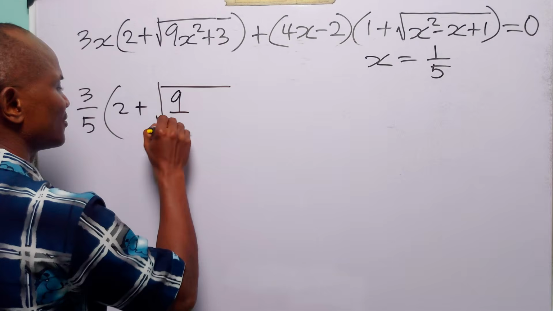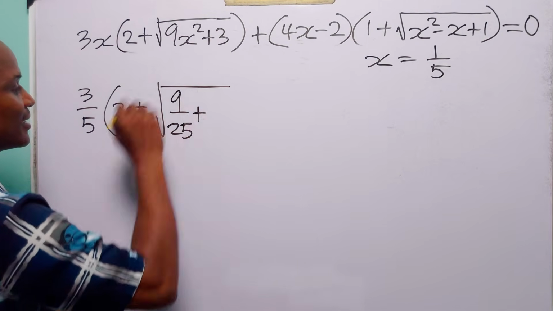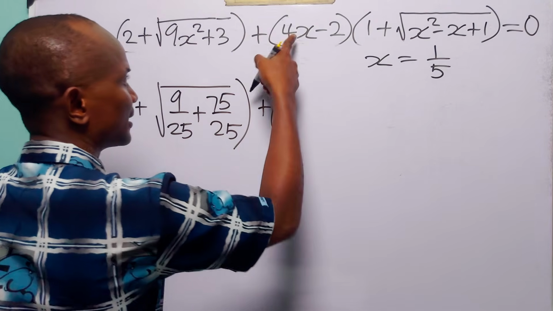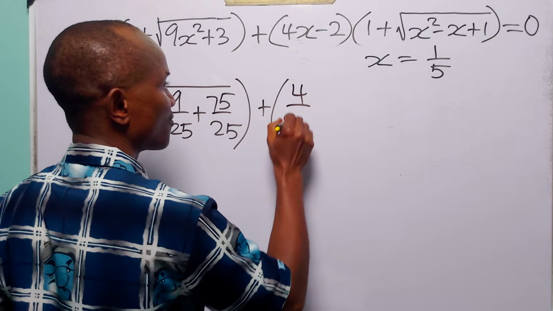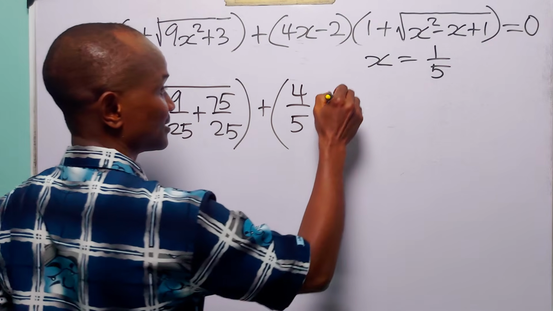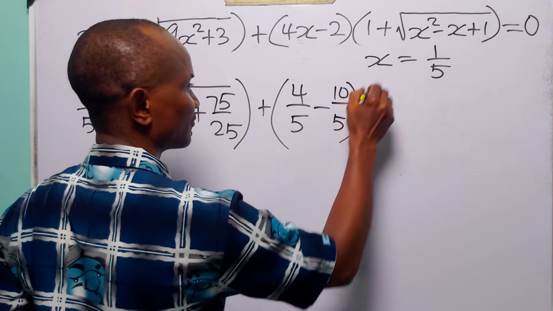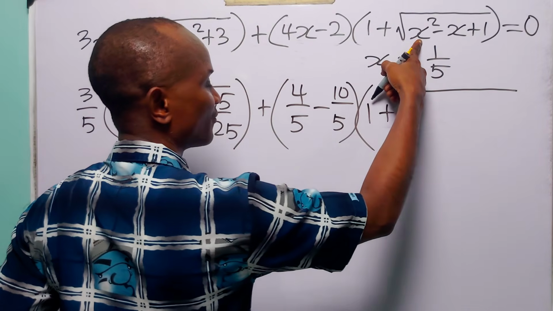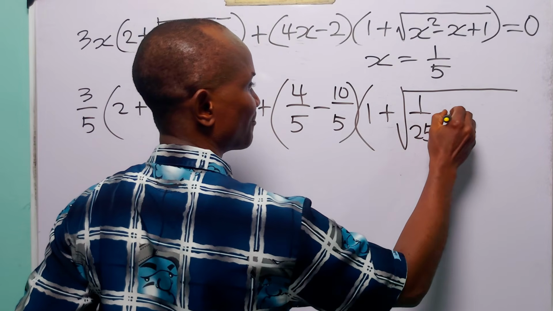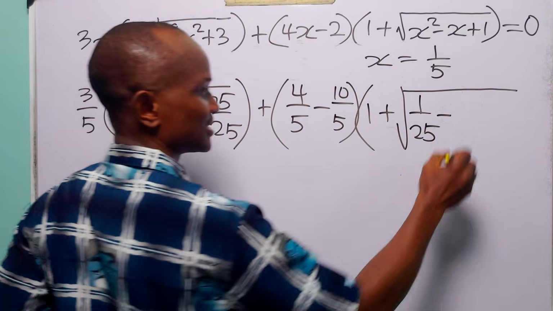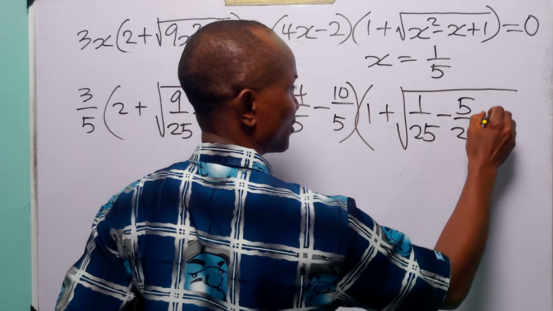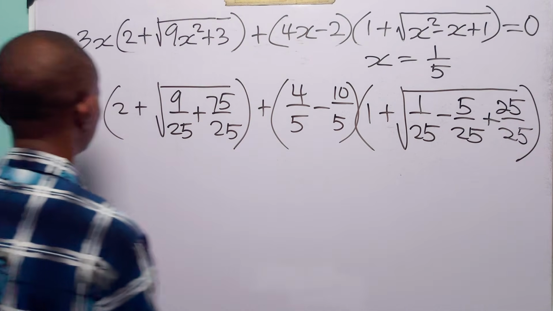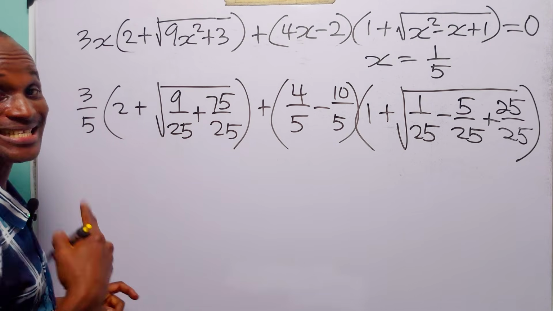That is going to give us 9 over 25 plus 3, which is the same as 75 over 25, plus, now here we have 4 times 1 over 5, that is 4 over 5 minus 2, which can be written as 10 over 5, times 1 plus the square root of 1 over 5 squared, that is 1 over 25 minus 1 over 5, which can be written as 5 over 25, plus 1, which can be written as 25 over 25. 9 plus 75 is 84.